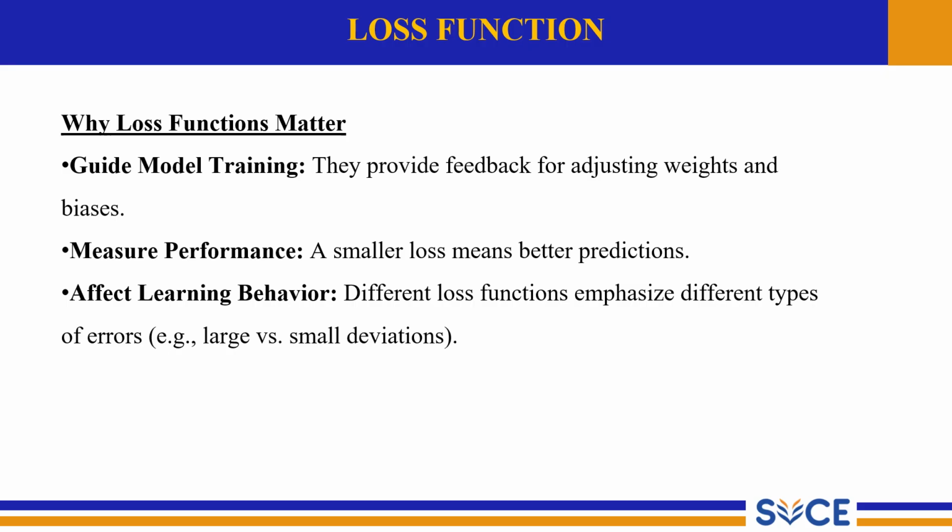Finally, the loss functions shape learning behavior. Different loss functions penalize errors in different ways. For example, some focus more on large errors while others treat all errors equally, directly influencing how the model learns from data.